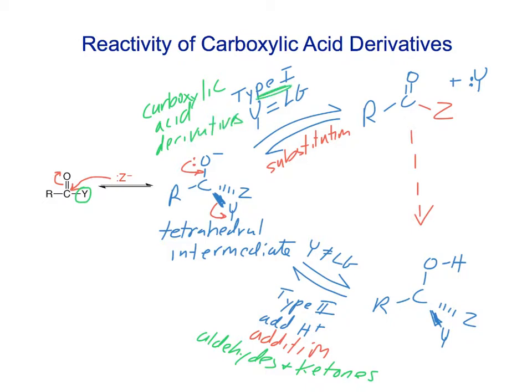So these were the type 1, where this can be a leaving group. These substitution reactions are what we're going to be looking at.